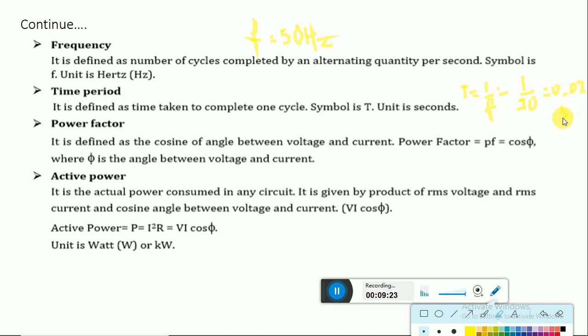So it means our signal will take 0.02 second to complete one cycle.